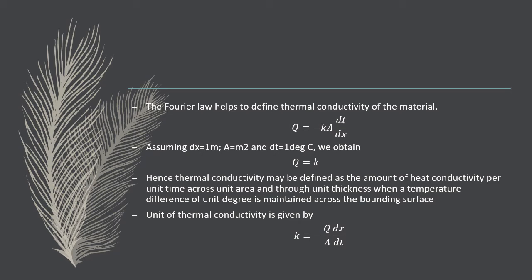The Fourier law helps to define thermal conductivity of the material, that is capital Q equals minus KA dT by dx, where K is thermal conductivity of the material. If we have to find the value of K, then the formula becomes K is equal to minus Q by A dx by dT.